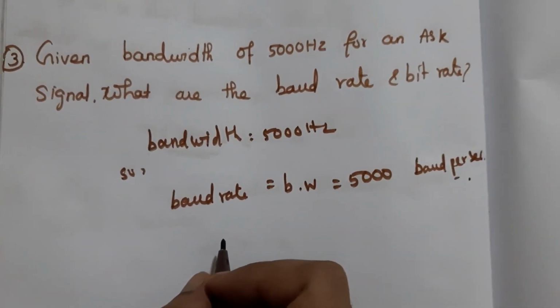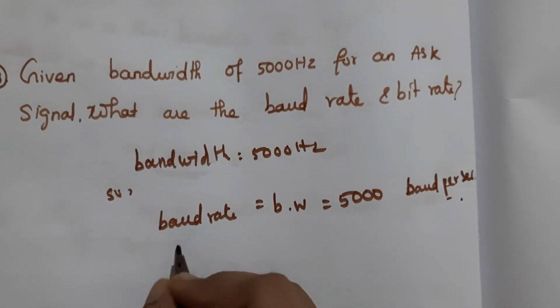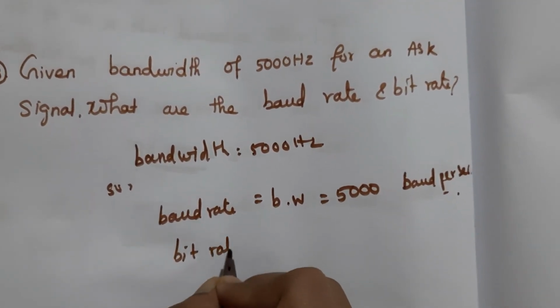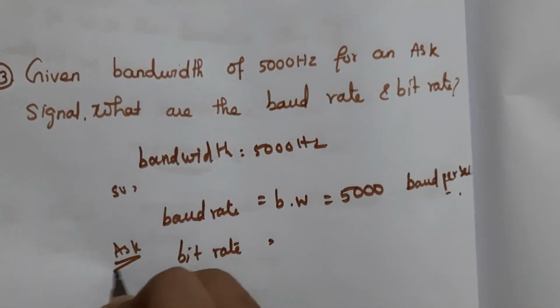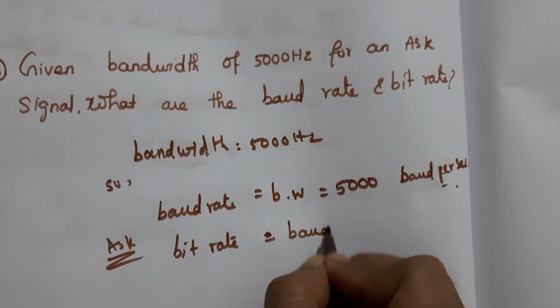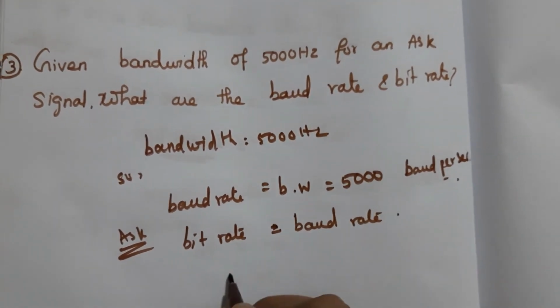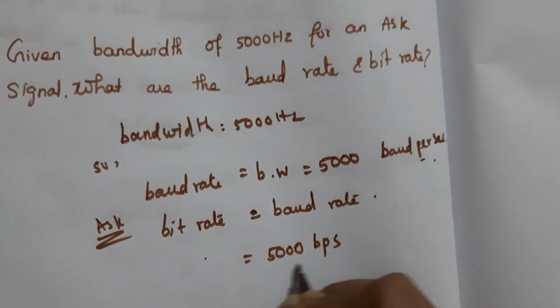And also we have to find the bit rate. For ASK, bit rate is equal to baud rate. So bit rate is also 5000 bits per second.